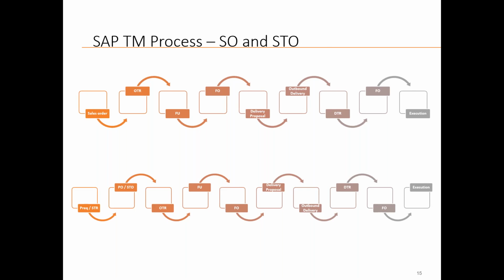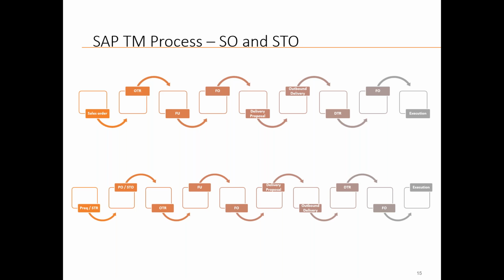Okay, someone has asked me this question earlier. Now in the TM process, mostly we will have a sales order and then an OTR, which is nothing but your order-based transportation request. Then we will have a freight unit. But in the case of embedded landscapes, we will not have an OTR coming into the picture. The same way, when you're talking about a delivery-based one, you'll have something called a DTR, which is a delivery-based transportation request.